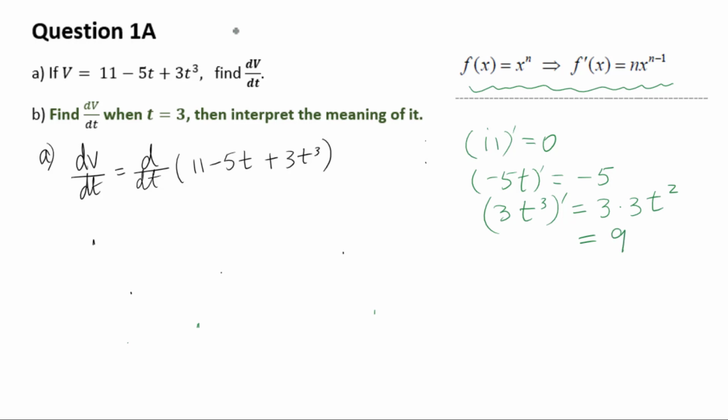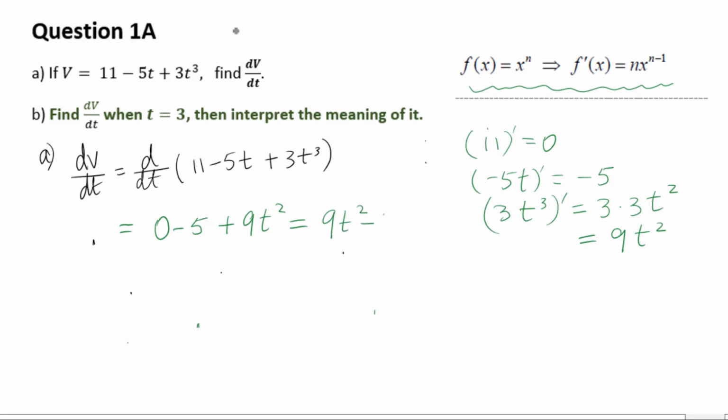Simplify: 9t squared. So we get 0 minus 5 plus 9t squared. Simplify: 9t squared minus 5.